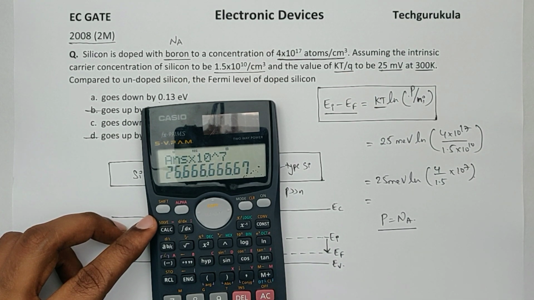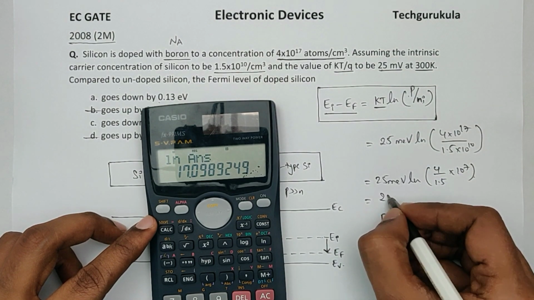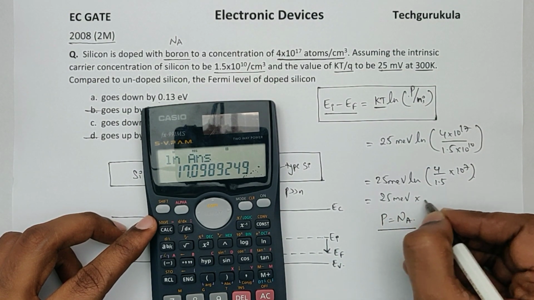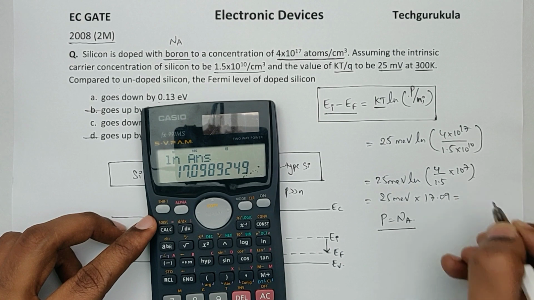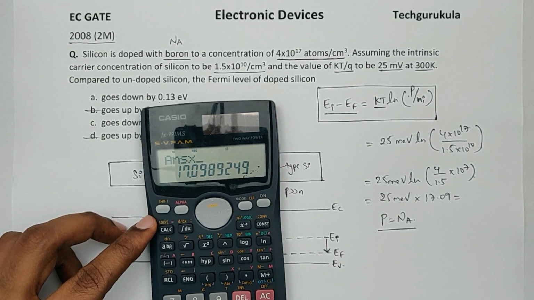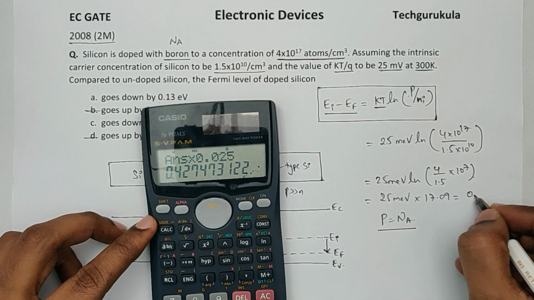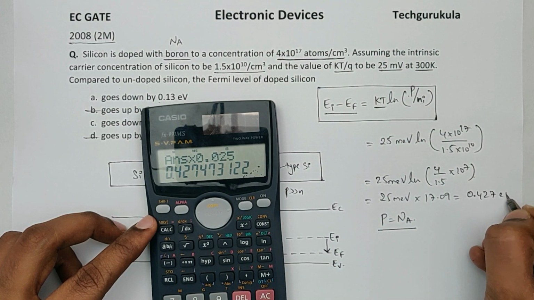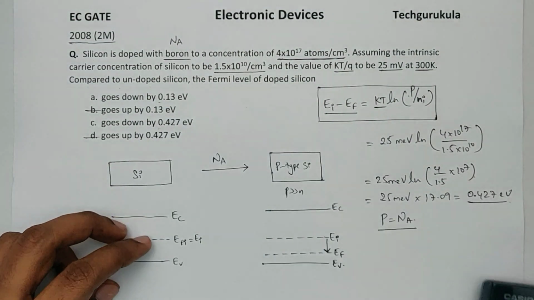Now ln of the answer, which is 25 milli electron volts times 17.09, which would be 0.025 times 17.09, gives 0.427 electron volts.